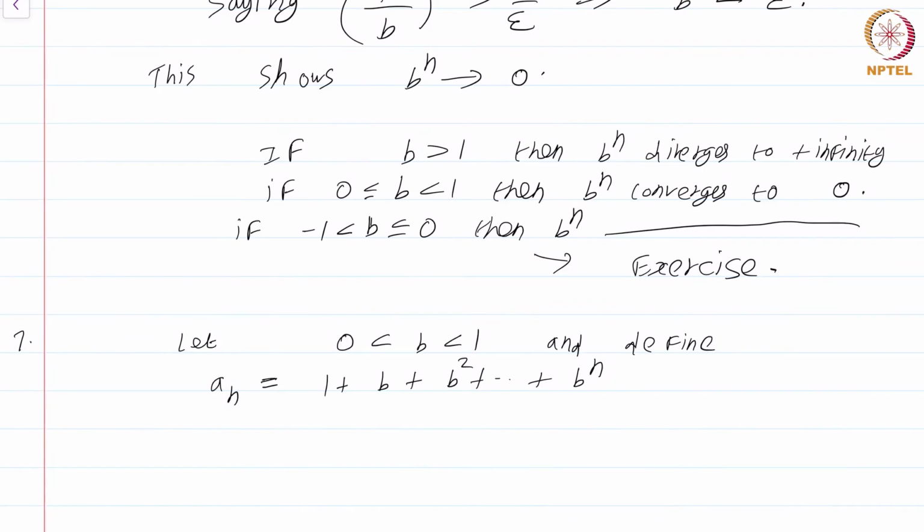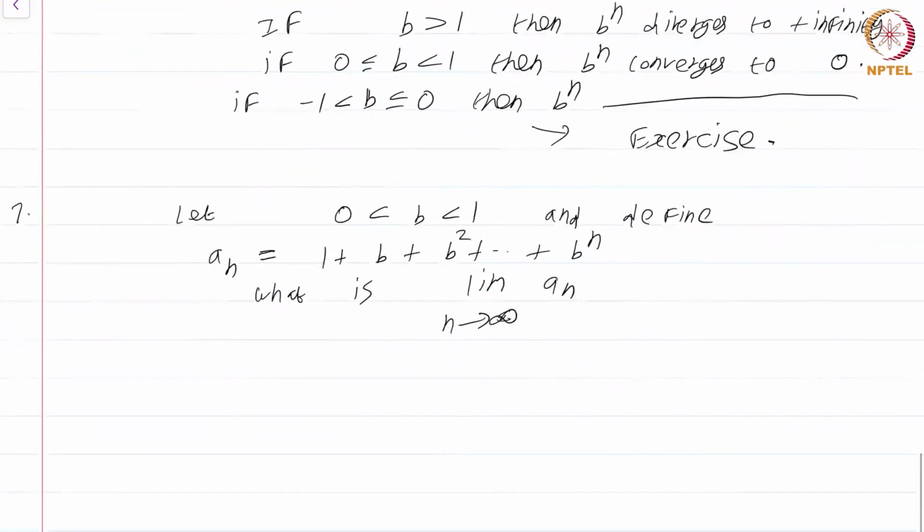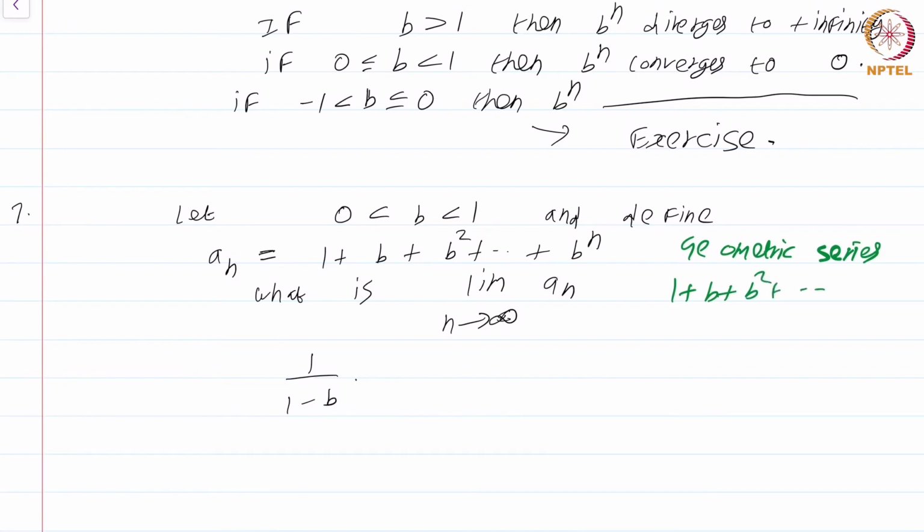What is the limit of an as n goes to infinity? All of you know the answer. It's just 1 by 1 minus b. This is called the geometric series. 1 plus b plus b squared plus dot dot dot so on all the way up to infinity is called the geometric series.